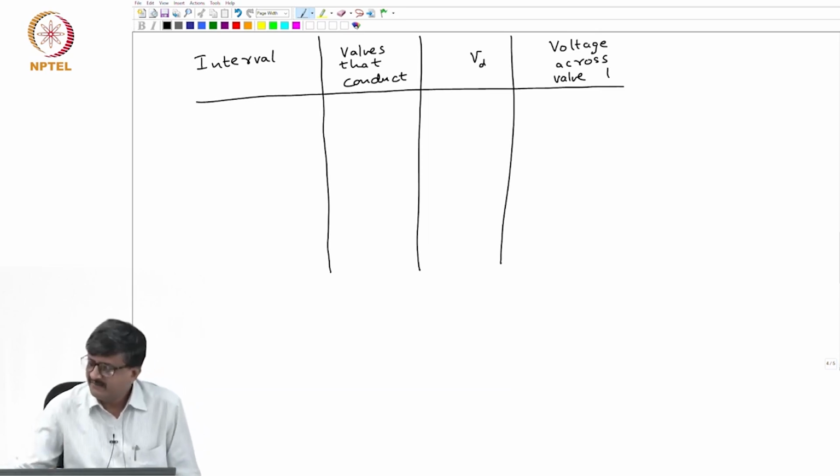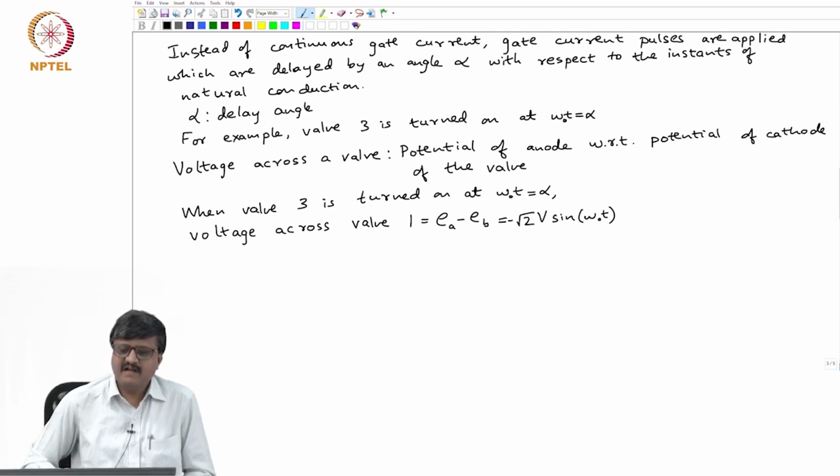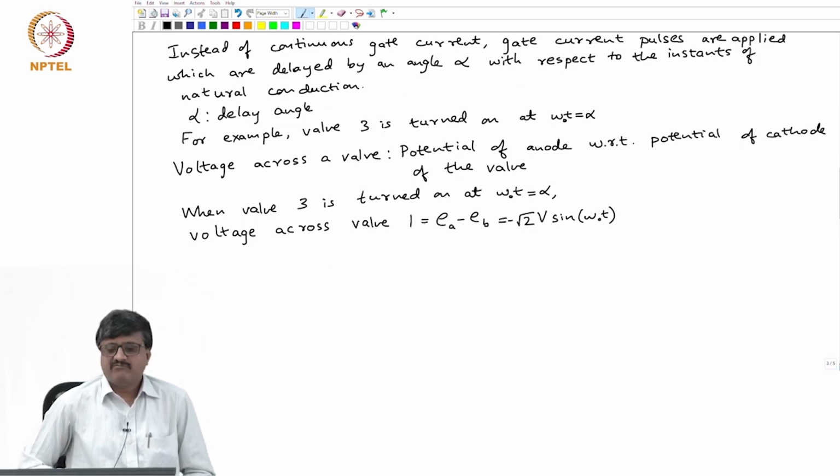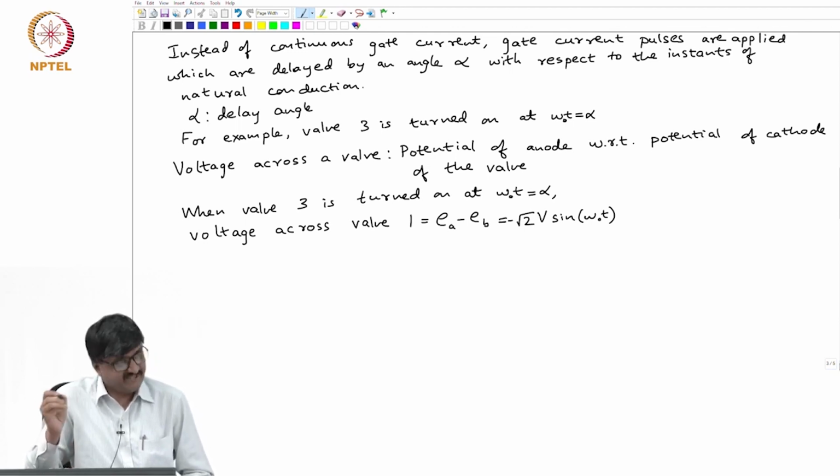Suppose I take valve 3. Valve 3 is turned on at alpha. It continues to be on up to alpha plus 120, so each thyristor valve conducts for 120 degrees.